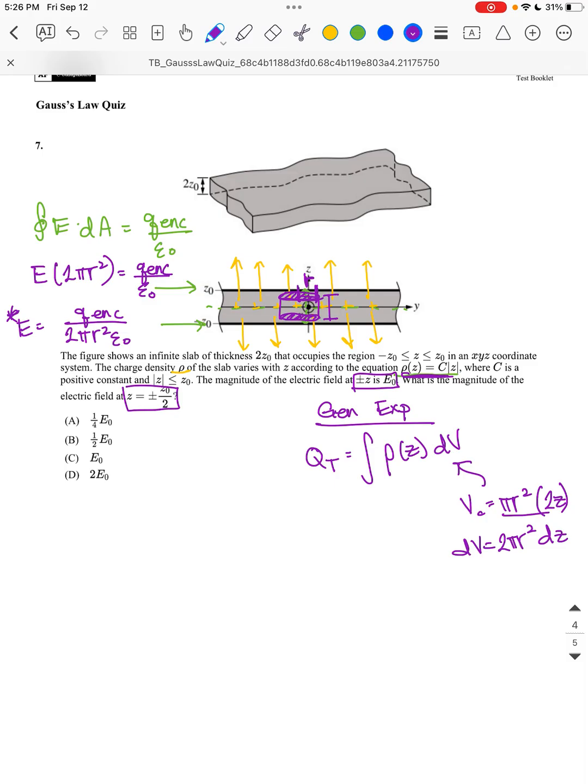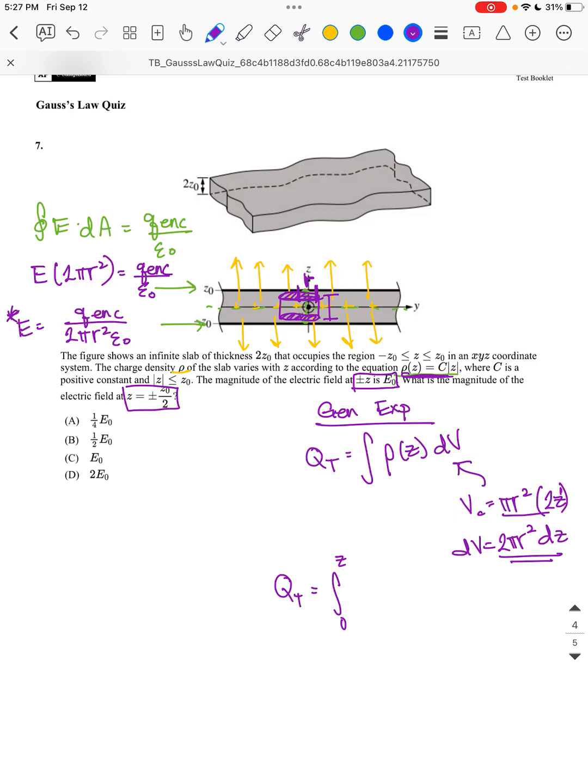For those of you who are in calculus, you can treat it as z to the first power and then use your derivative of a polynomial steps, and that's what we're going to plug into our dV expression. So my general equation is equal to the integral from 0 to some arbitrary z value. I hate that they're using z as the variable and z as the distance, but we're just going to keep it that way.